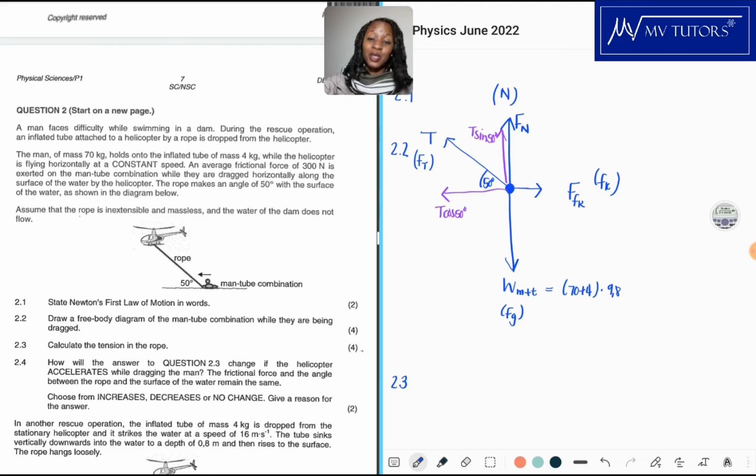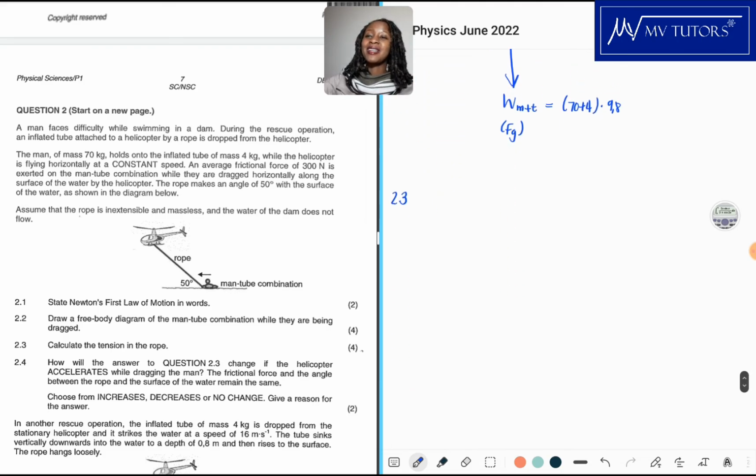We have quite a few unknowns. So now we know that the resultant force, or F net, is equal to mass times acceleration. And because this plane or this helicopter is moving at a constant speed, there is no acceleration, so we already know that this is going to be 0.